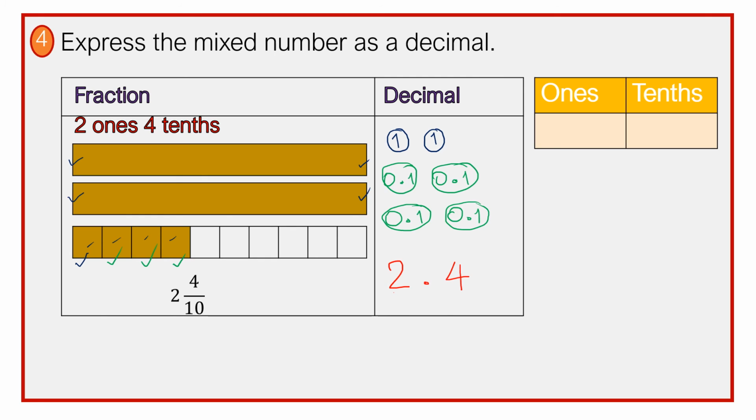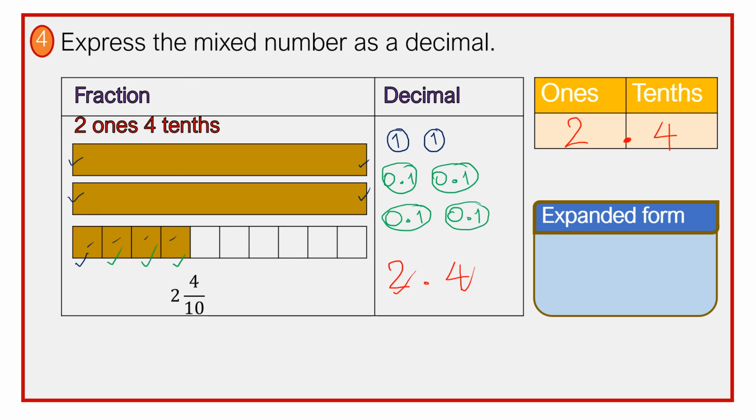We write 2 in the ones place, and we write 4 in the tenths place. Then we write the decimal point. Okay, so we get 2.4.